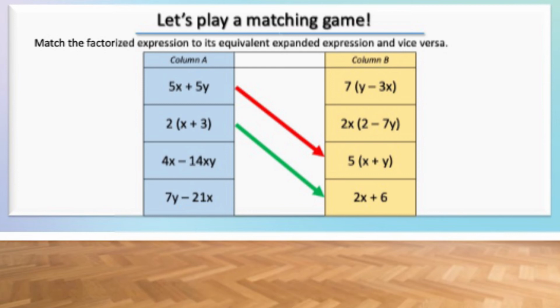If you said 4x minus 14xy is equivalent to 2x multiplied by 2 minus 7y, you are absolutely correct. If you said 7y minus 21x is equivalent to 7 multiplied by y minus 3x, you are correct. I knew you could do it.